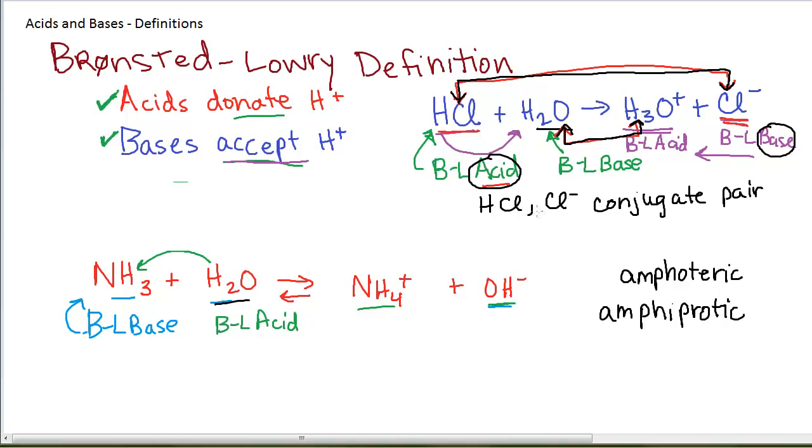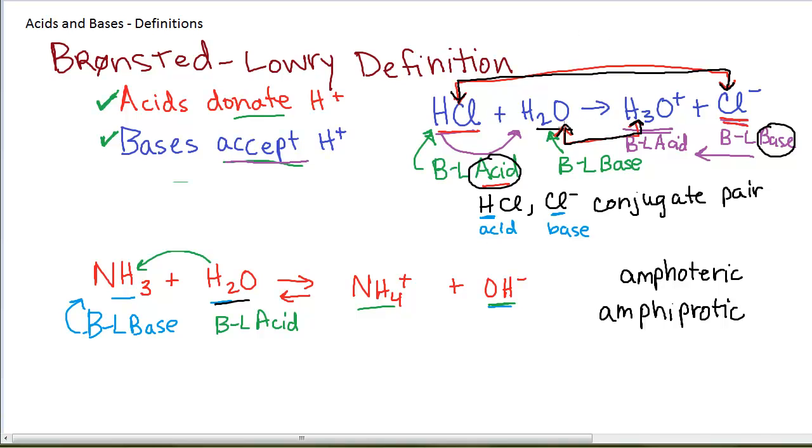A conjugate pair are two chemical species that are related to each other. One of them is the acid, the other is the base. And you can always tell which is which because the conjugate acid has the H, the conjugate base is missing the H. So the conjugate acid has an extra H as opposed to the base.